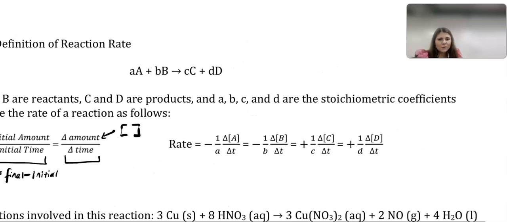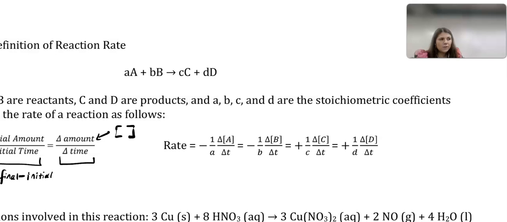So if you come back to this side, you will notice I have written the rate in that same format that I have to the left, this part right here. And so I took every single species, and you will notice by their coefficients, I'm going to highlight this here, the coefficient ended up going in the denominator.